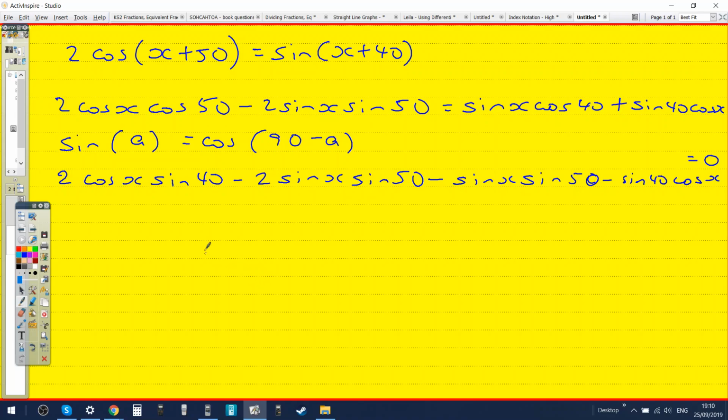Cos x cos 50 minus 3 sin x sin 50. And then from here I brought over the sign to make it positive. Cos x cos 50 equals 3 sin x sin 50.